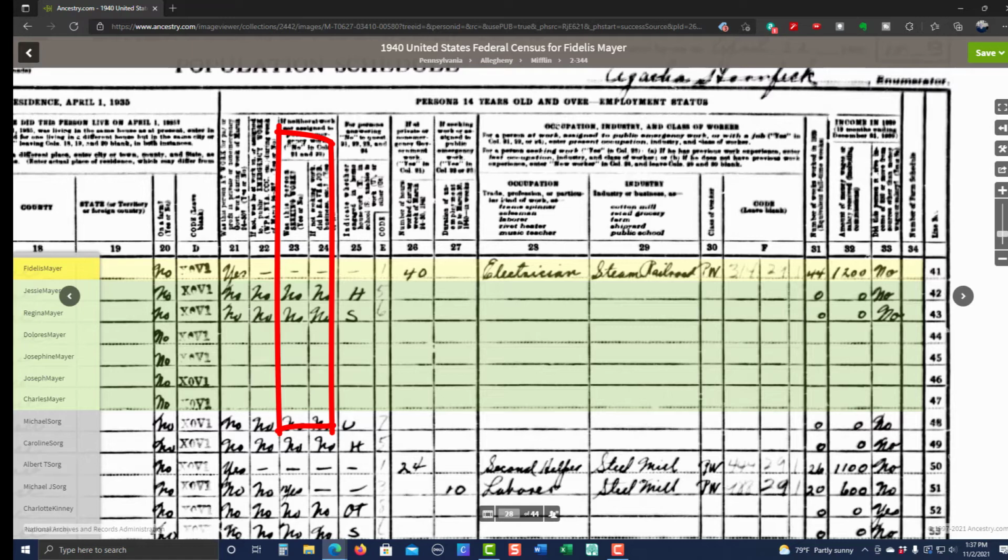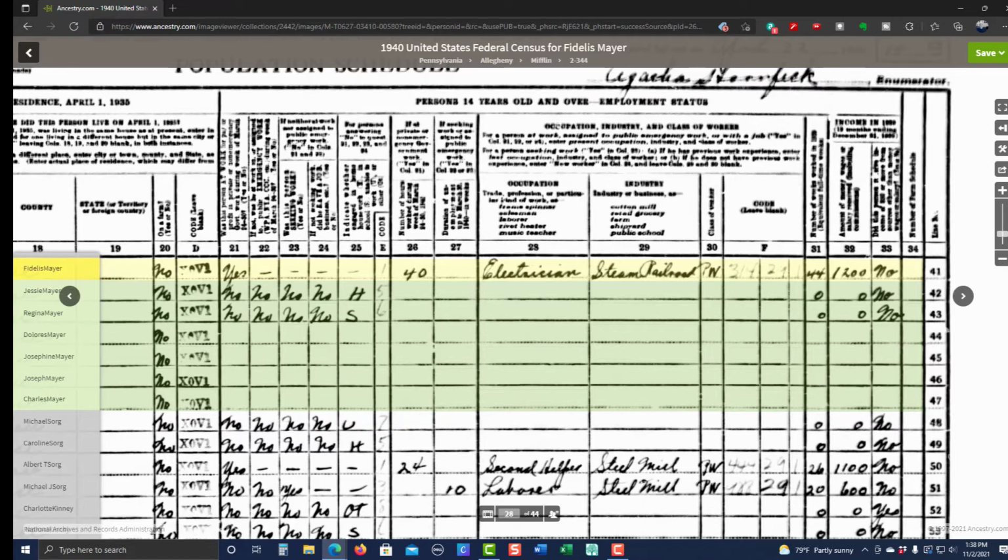So they ask in column 23, once again, it only applies if answered no in columns 21 and 22, was this person seeking work? Yes or no? See, Fidelis Mayer's wife was not seeking work. Neither was his oldest daughter. Down there, Michael Sorg, he also was not seeking work at that time.